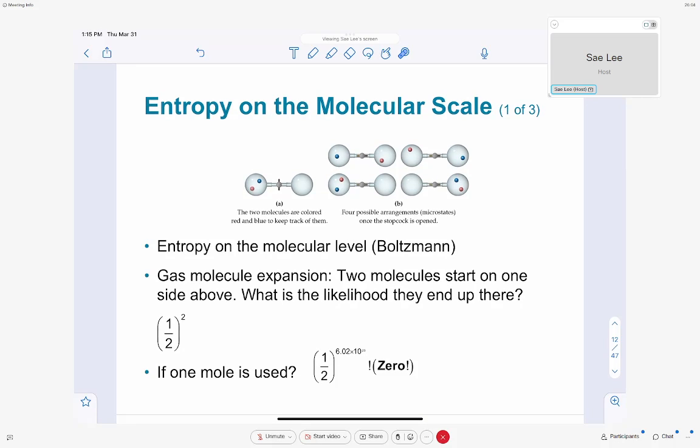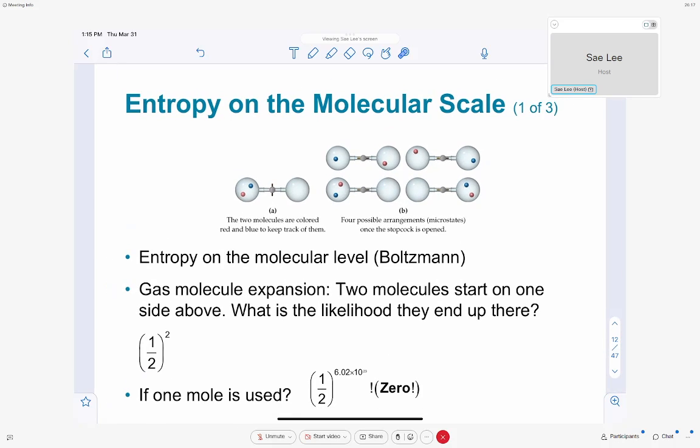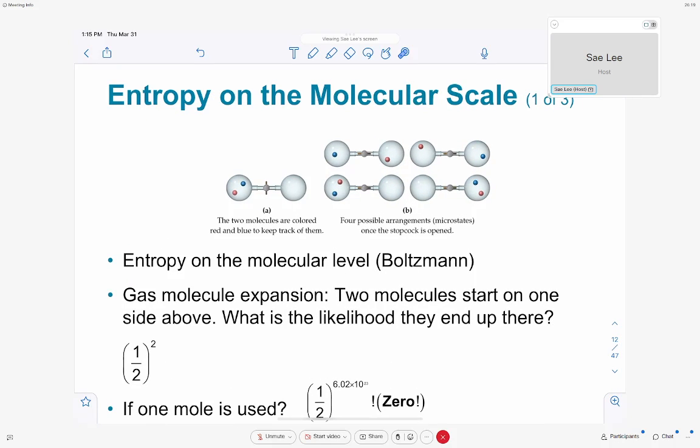A physicist named Boltzmann provided an interpretation of entropy at the molecular level. If we look at the diagram over here, two molecules of gas are contained on the left side and prevented from flowing to the other side by this stopcock. Once this stopcock is opened, the gas molecules will freely travel to the other side, and there are 4 possible ways that gas molecules can end up being located.